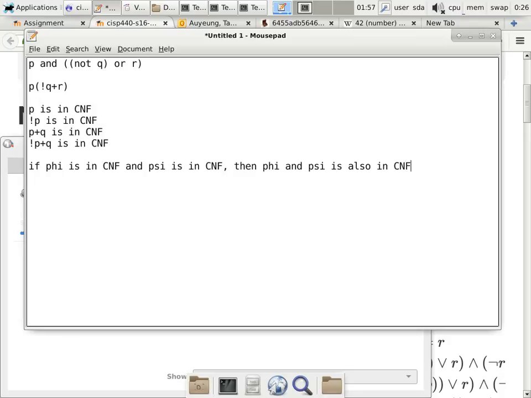You can make the string of conjunctions longer and longer, but each component of the conjunction has to be a disjunction, and then on top of that, each disjunction can only involve either variables or negations of variables. That's basically the rule.